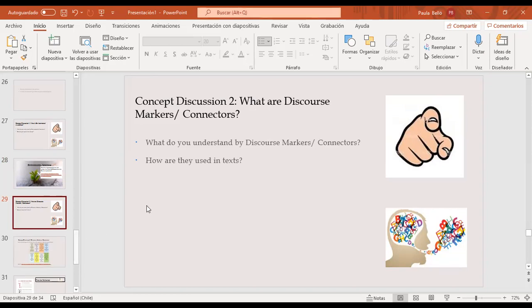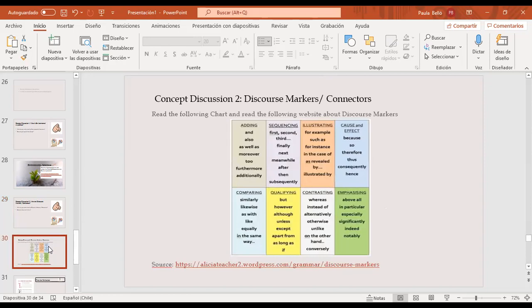So here we have another help with discourse markers. Discourse markers help us express some meanings within the sentence. For example, addition, using and, which is the most common of the discourse markers, yes?